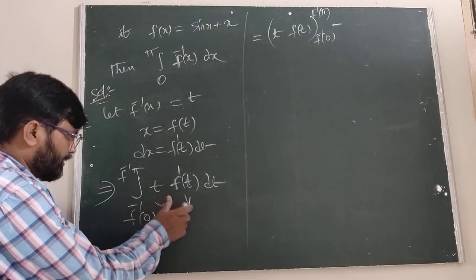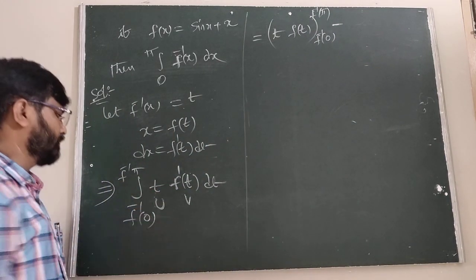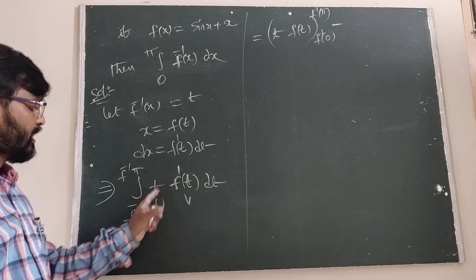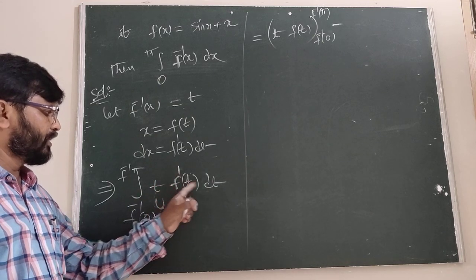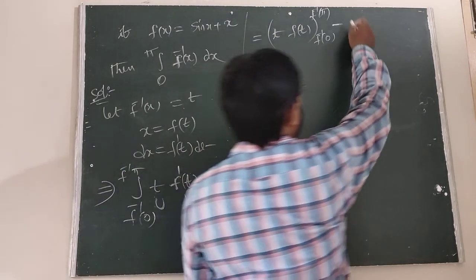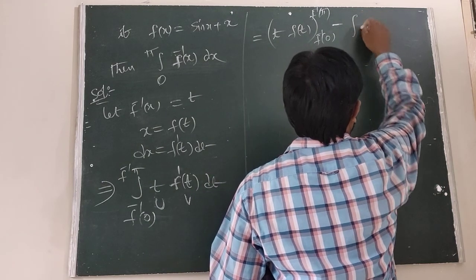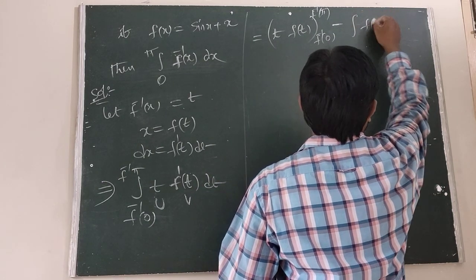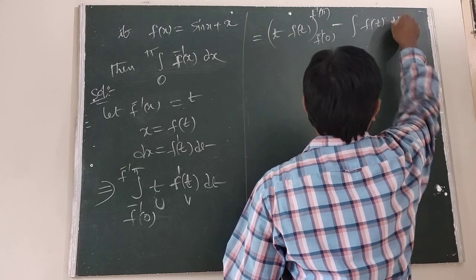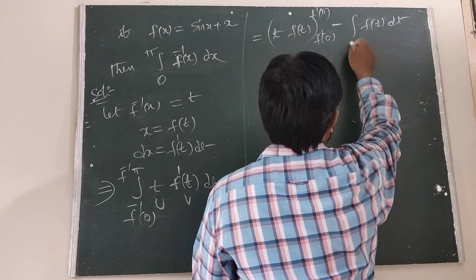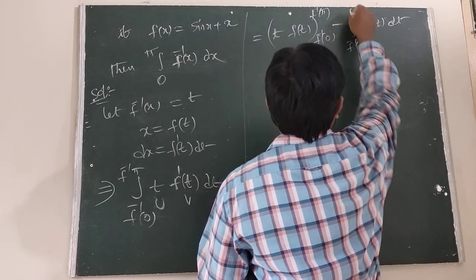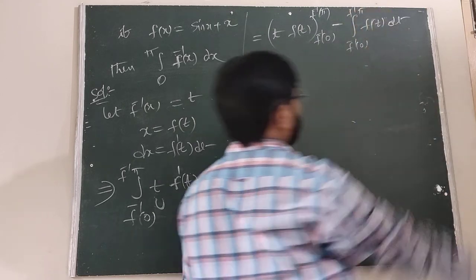Next, the derivative of t is 1, and the integral of f dash of t dt is f of t. So minus the integral of f of t dt, with limits f inverse of 0 to f inverse of pi.